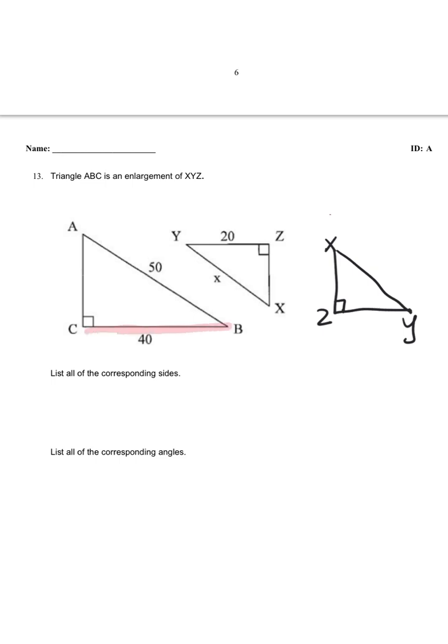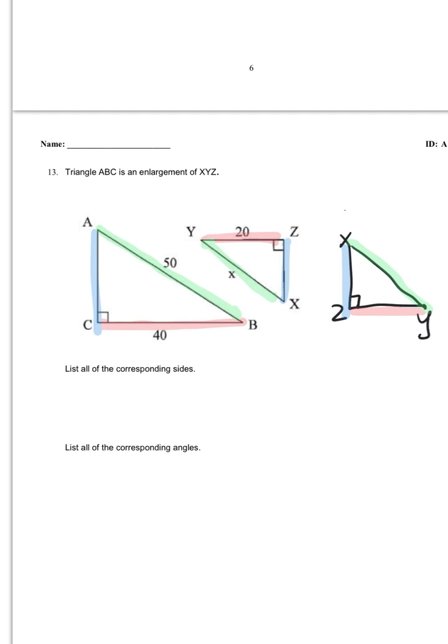So C to B is corresponding to Z to Y. A to C is in the same place as X to Z. And then our last one, A to B, is in the same spot as your diagonal of X to Y. So we're going to go ahead and write those here.